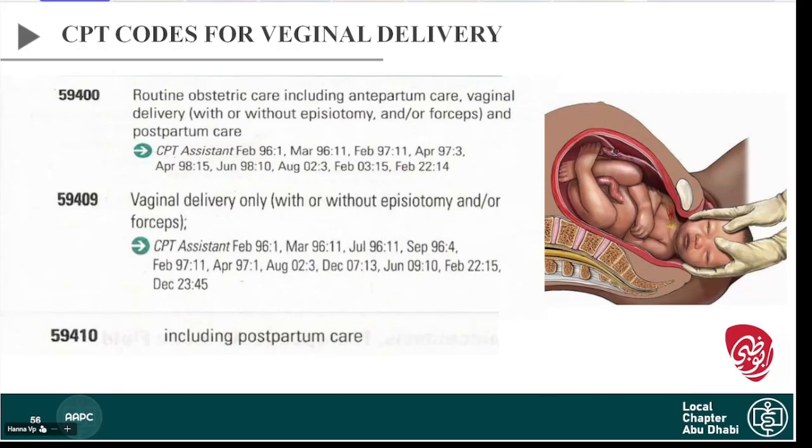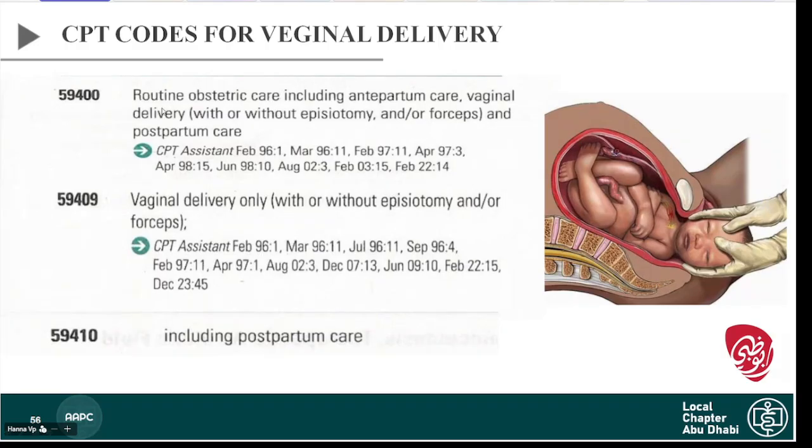For example, antepartum care, intrapartum care, postpartum care: the care before delivery, the care during delivery, the care after delivery. These cares you can see are bundled already in the delivery codes. First of all, let's see the vaginal delivery code. The baby was born through the vagina. Can you see the code, guys?